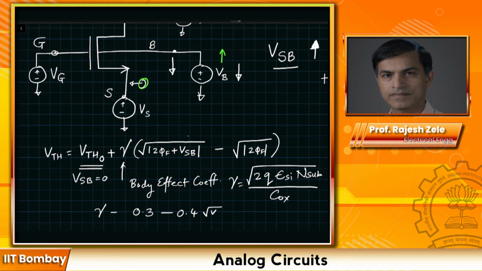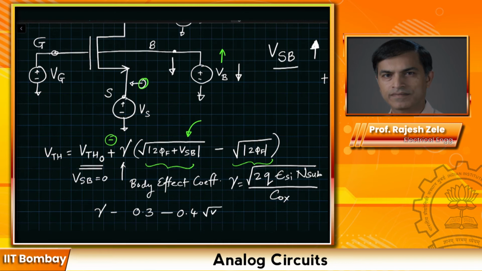And in this particular equation, you can see that this number will become smaller than this number, and we will see a negative sign over here. And yes, the threshold voltage will reduce. The reverse effect is also true. If you take the bulk potential higher than source potential, then you will see a reduction in the threshold voltage.